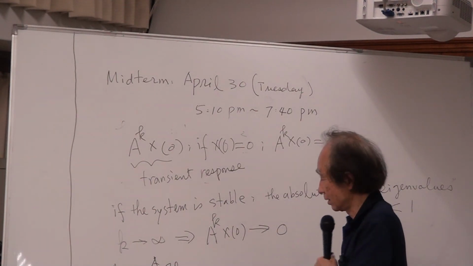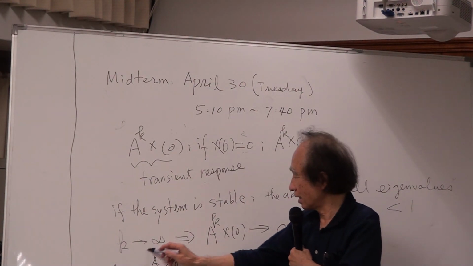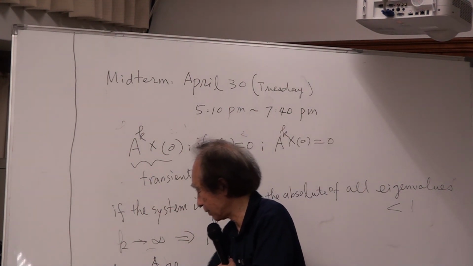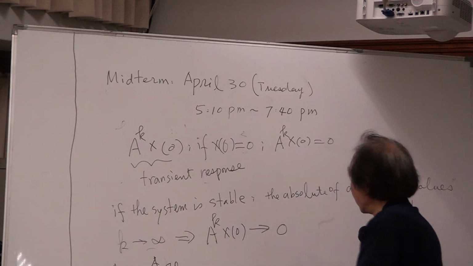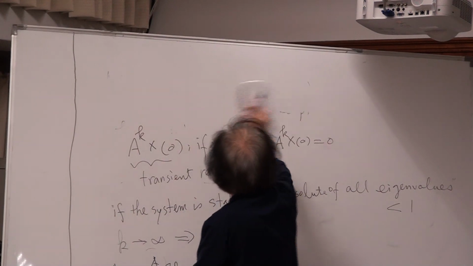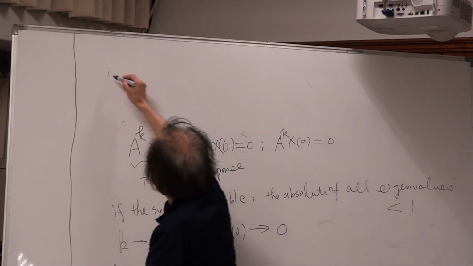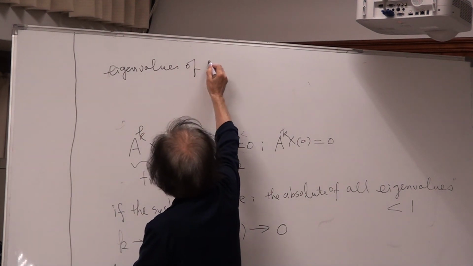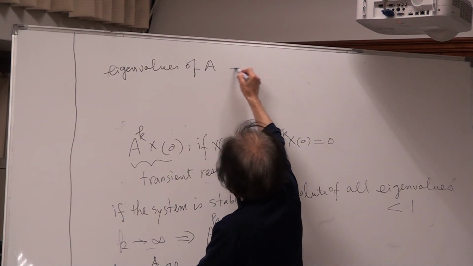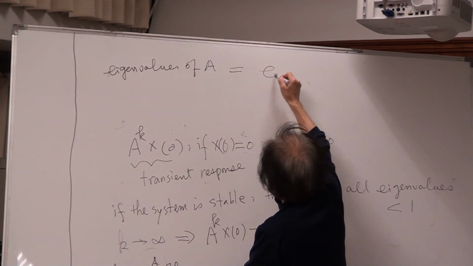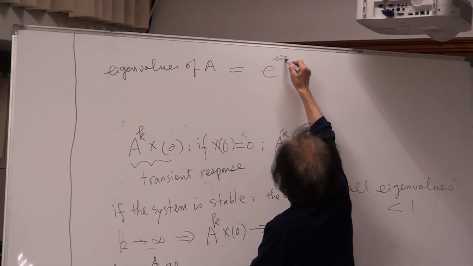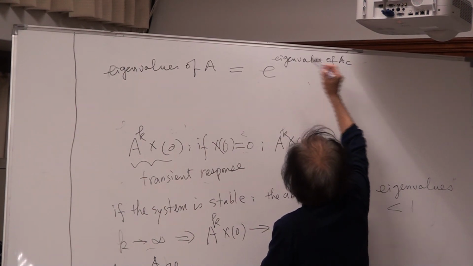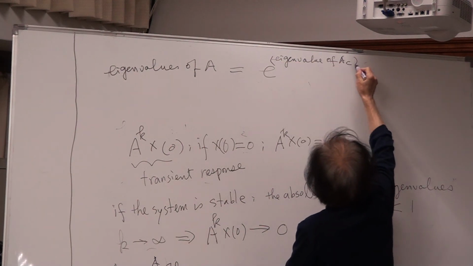Now Ac, the eigenvalue of A will be equal to the exponential of the eigenvalue of Ac times delta t.